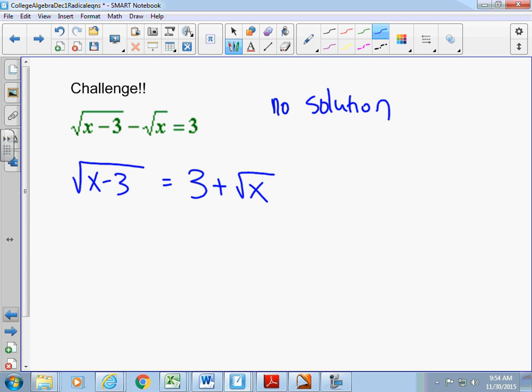To do this problem first, you have to get the square root alone. To do that, you have to FOIL. Then you have to get the radical by itself.